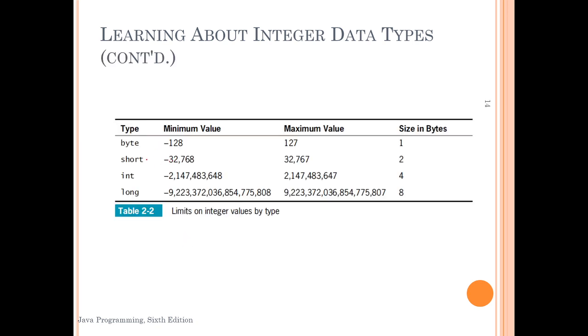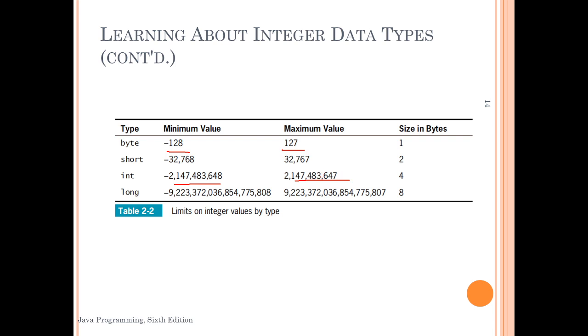Like for this one, si byte, ang kanyang minimum value is negative 128. Ang maximum value is 127. Si short is negative 32,768 hanggang dito sa value niya. Si integer ito, so kapag gumamit kayo ng integer, ito yung nag-allocate ng ganito karaming value.